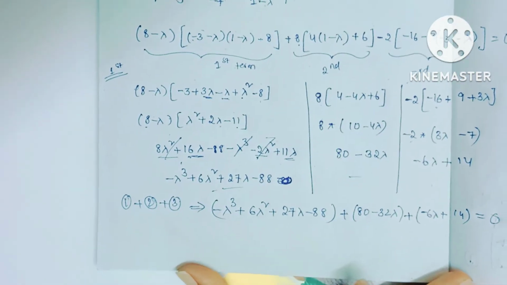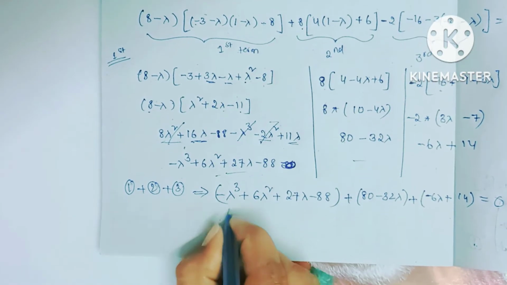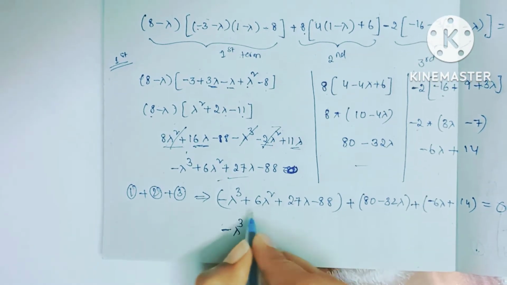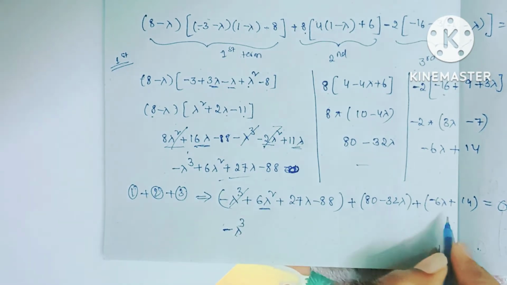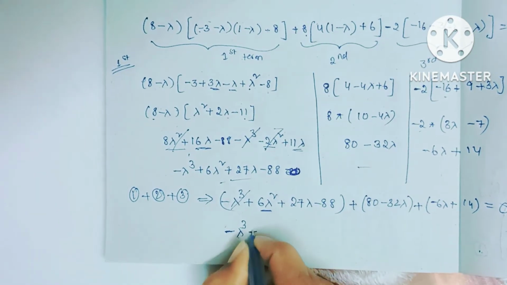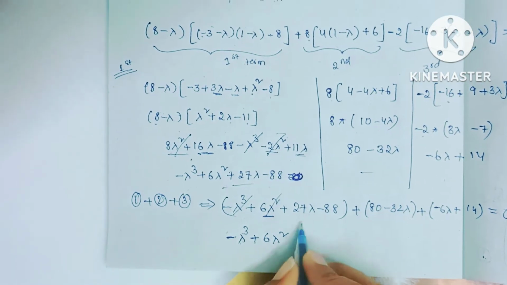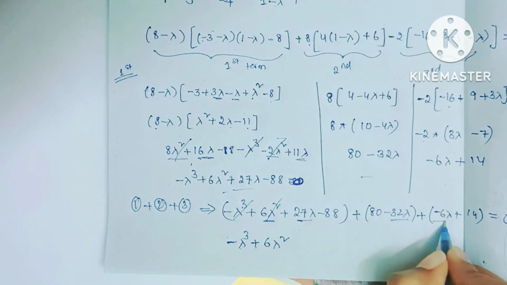Okay, so here only lambda cube is one term, so we will get minus lambda cube, and lambda square remaining is plus 6 lambda square. For the lambda terms we have to see 27 lambda minus 32 lambda minus 6 lambda.